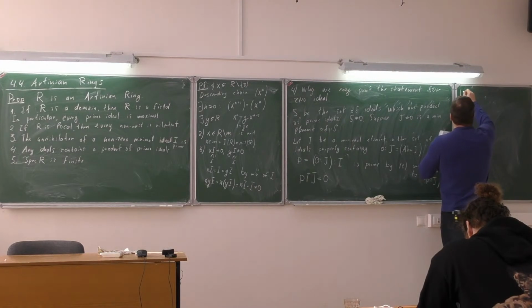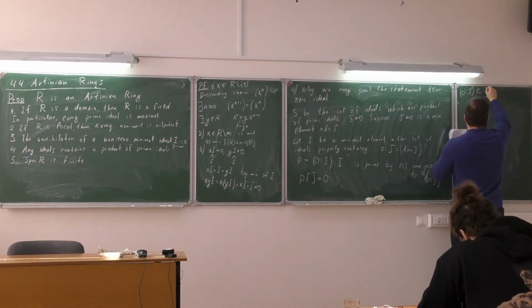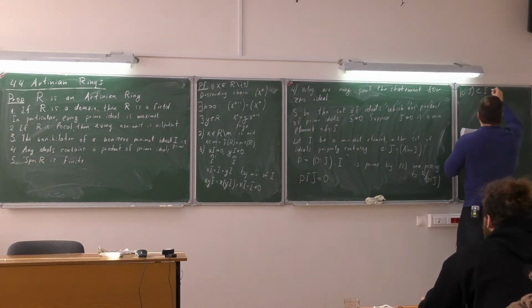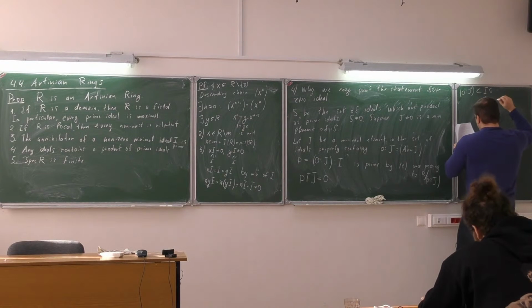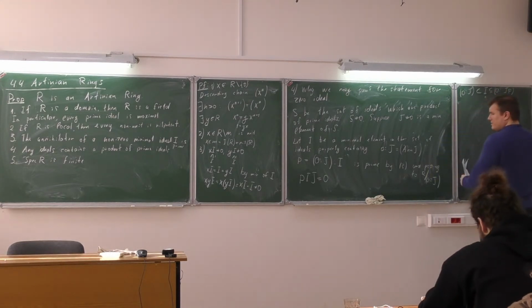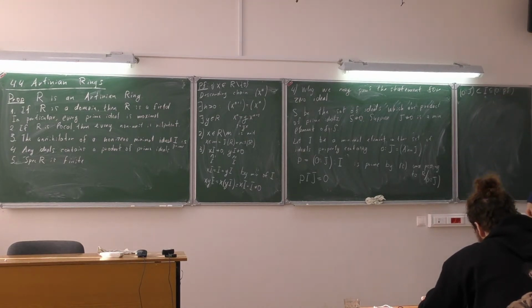We have the annihilator of the ideal J. This is properly sitting inside ideal I, and ideal I, by the previous line, is sitting inside the annihilator of the ideal PJ. So this is by definition of I, and this is by the previous line.